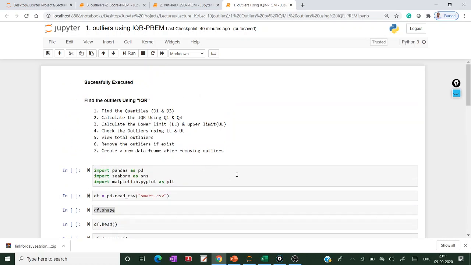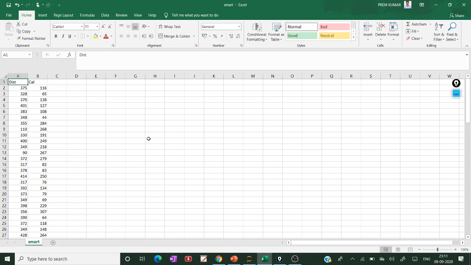Before going further, first we will see the data set. Here I am taking 2 columns. First is dist, which means distance, and second is cal, which means calories. I collected this data myself using a smart band while walking, running and playing daily.